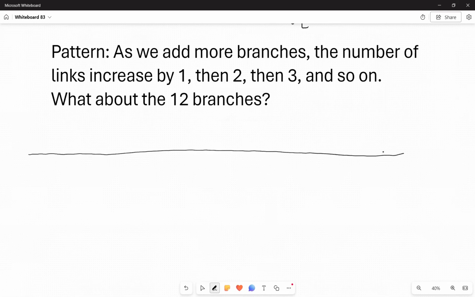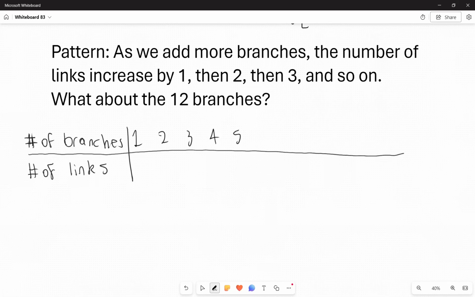So we have the number of branches, the pound symbol, and the number of links. And our findings, we have this up to 12: 1, 2, 3, up to 12.